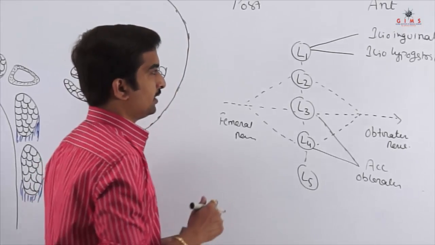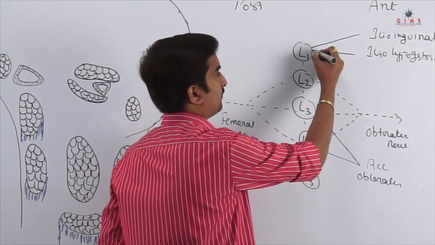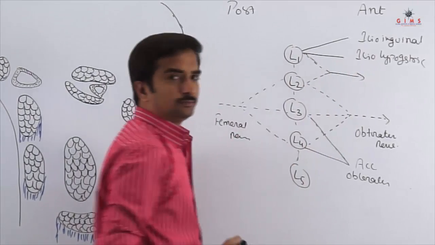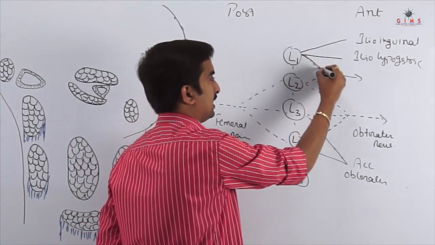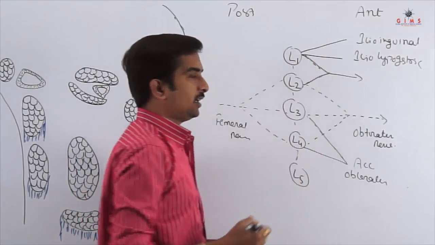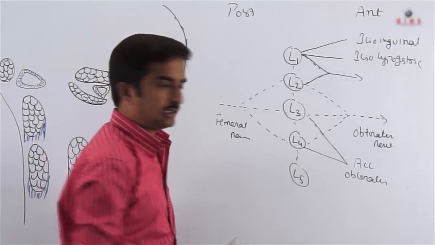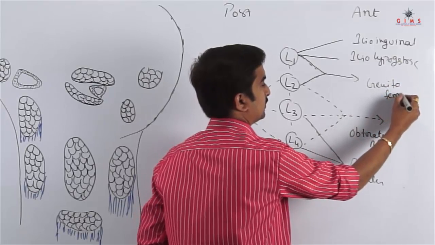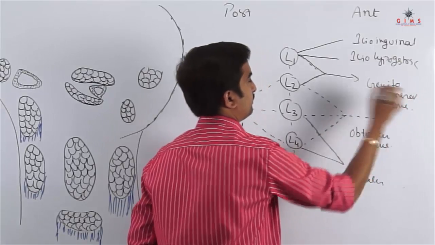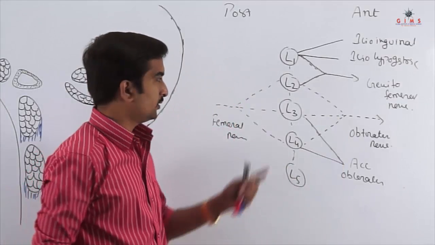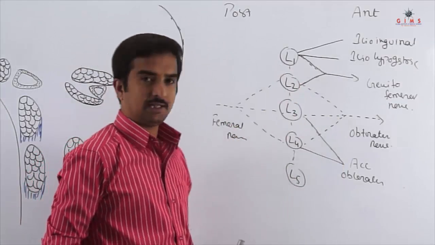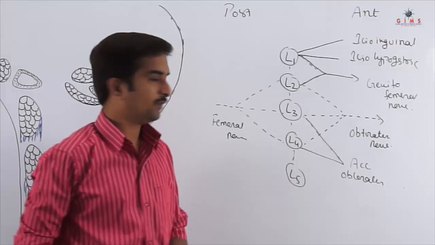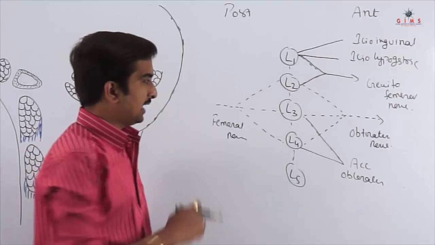And here, L1 as well as L2 form the genitofemoral nerve, giving rise to it anteriorly.